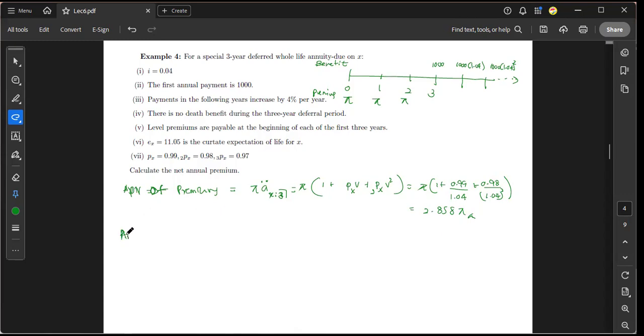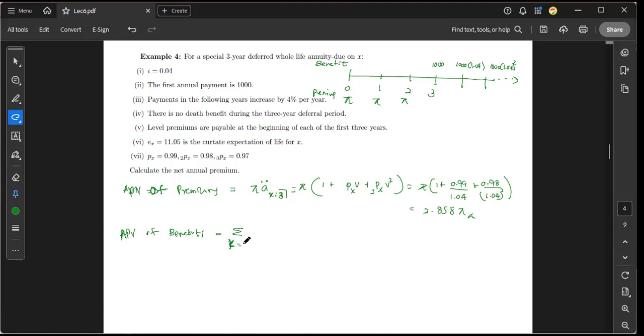And the actuarial present value of benefits is equal to a deferred whole life annuity. So starting from 0 for this year, 1, 2, and from this point onwards, we have the payment series.